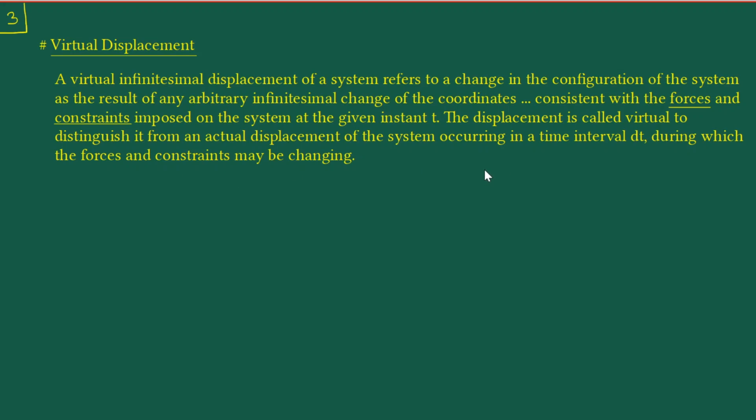Now, what is the difference between this virtual displacement and a real displacement? That part is mentioned here. This displacement is called virtual to distinguish it from an actual displacement of the system which occurs in a time interval dt, during which the forces and constraints may be changing. So when we are talking about an actual displacement, we do allow for the forces and constraints to be changing in a little interval dt.